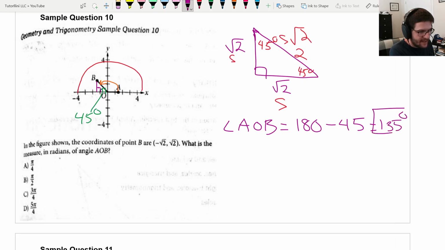So that is the angle, but we have to convert it to radians. So always remember that there are pi radians in 180 degrees. That's just something you got to know.